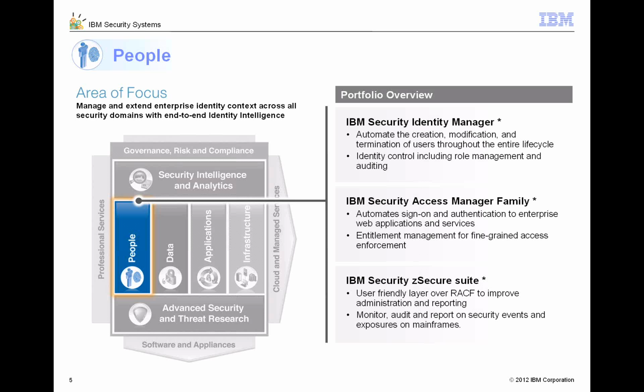The area that I'm going to talk about is people, right? When we talk about people, for example, a person joins an organization, an employee record is created. That employee record defines the identity of the employee.